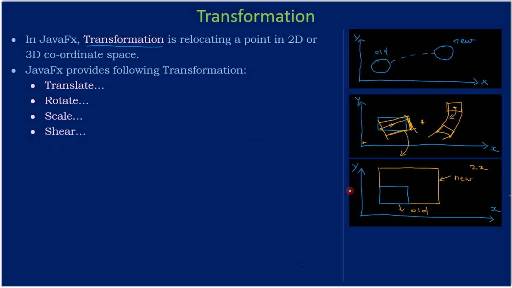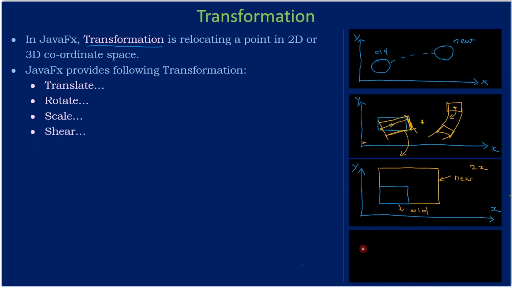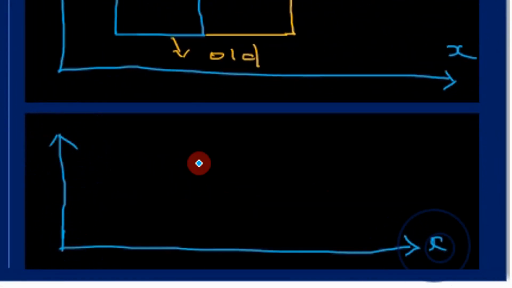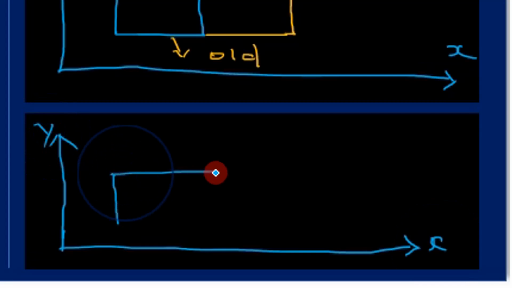Then we have shear transformation. So in shear transformation, some points will be in the same coordinate space, and some points will get translated.